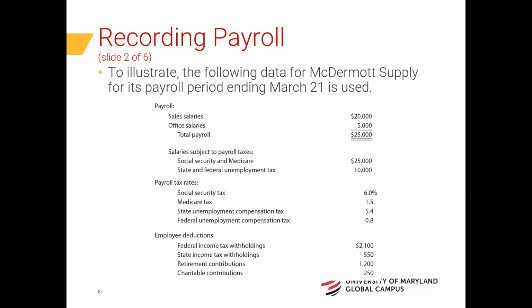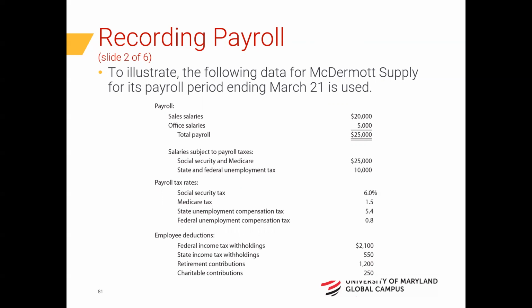So here's an example from the company's side of things. We had sales salaries of $20,000, office salaries of $5,000. Total payroll for the month or for the 2 weeks was $25,000. $25,000 is subject to Social Security and Medicare, and $10,000 is subject to federal unemployment taxes.